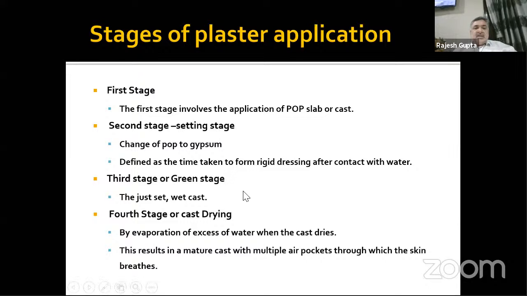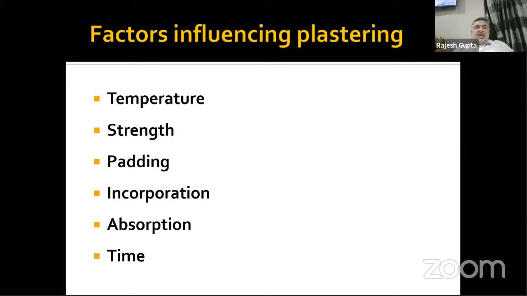The third stage, or green stage, is a just-set wet cast, and the fourth stage is cast drying. Here, excess water is evaporated, resulting in a mature cast with multiple air pockets through which the skin breathes. Now, there are many factors which influence plastering: temperature, strength, padding, incorporation, absorption, and time.